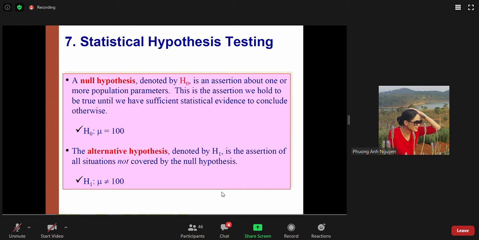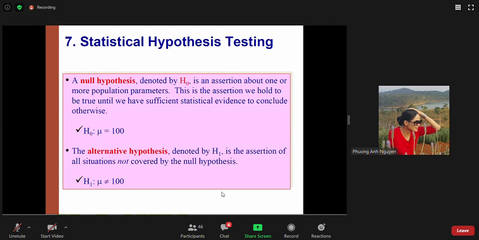Maybe for regression we will discuss later. So basically, what is hypothesis testing? Hypothesis testing is one part of inferential statistics. I'd like to say something about the parameter from the sample statistics.